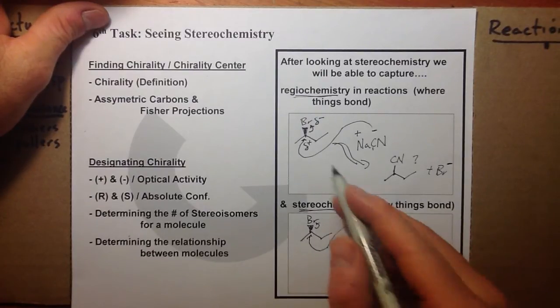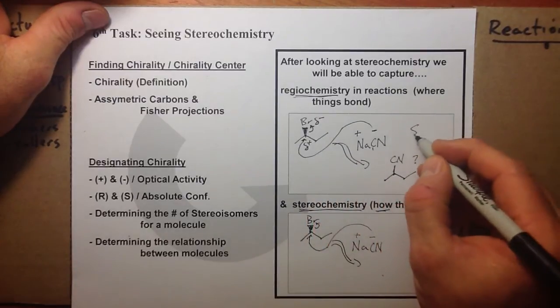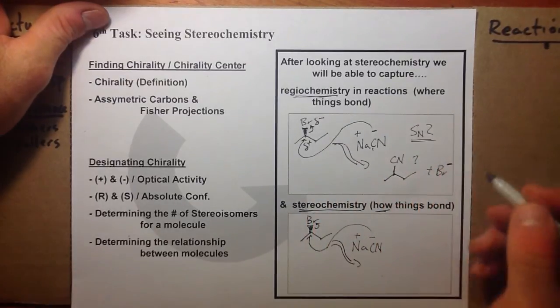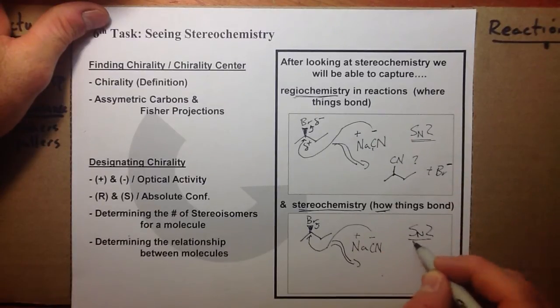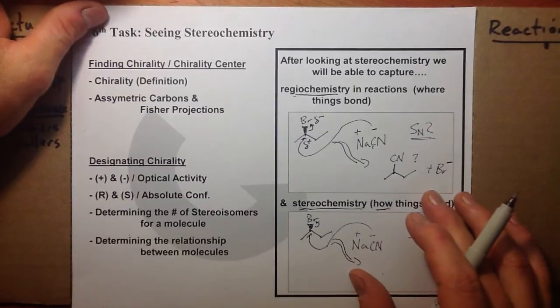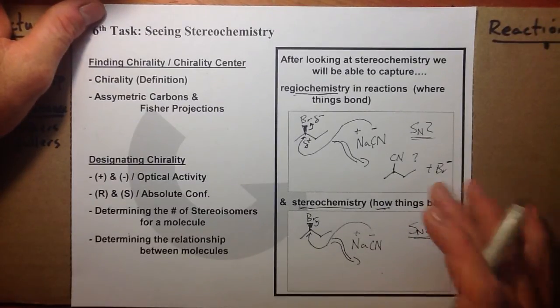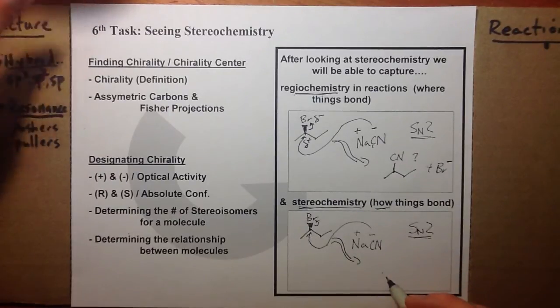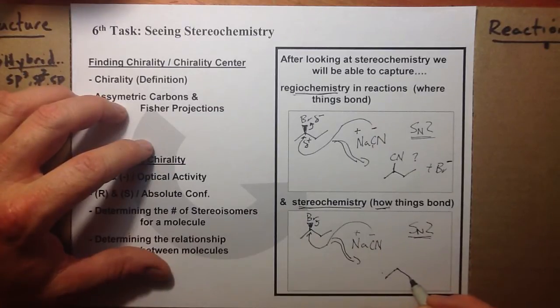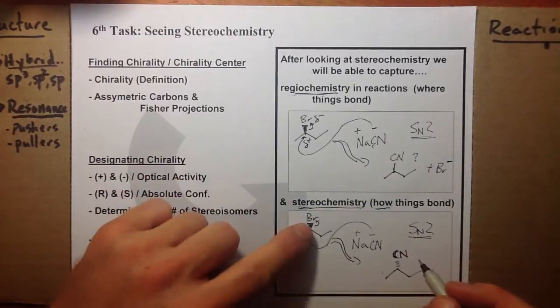No. In this particular reaction, this is called an SN2 reaction. We're going to unpack that later. In SN2 reactions, there are both regiochemical and stereochemical descriptors that tell us not only that cyanide bonds right here, but also how it comes in: from the back, on the other side relative to the leaving group.